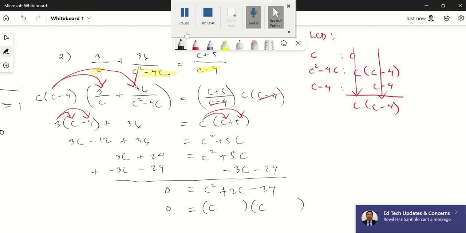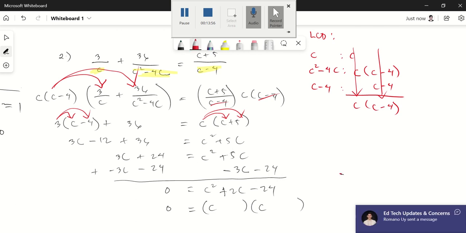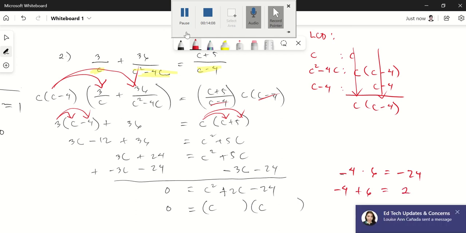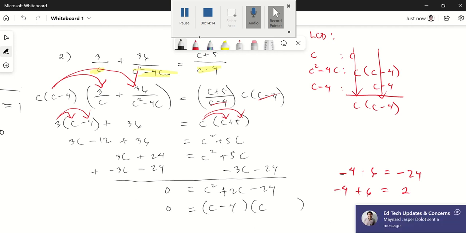The correct factors here are negative 4 and 6. Because if you notice, negative 4 times 6 is negative 24, but if you add negative 4 and 6, that will give you 2. So you just have to write it here, negative 4, and the other one is 6.